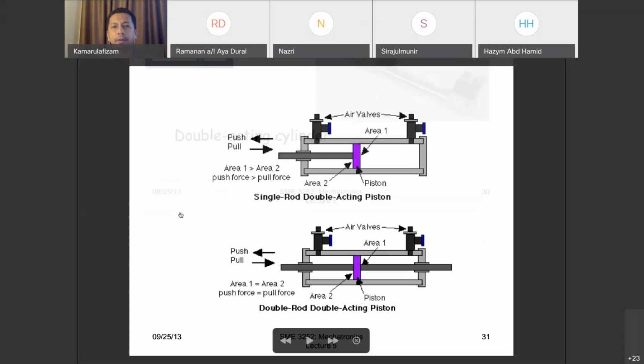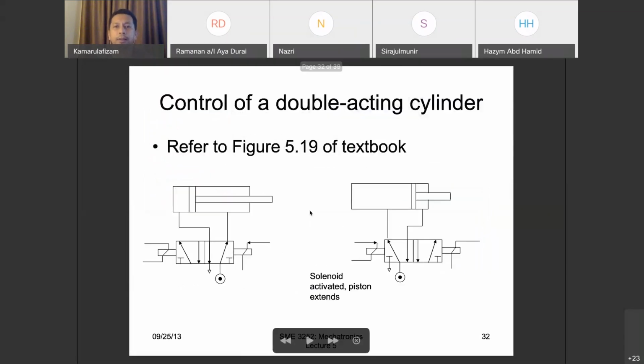This is how the single acting and double acting cylinders operate.